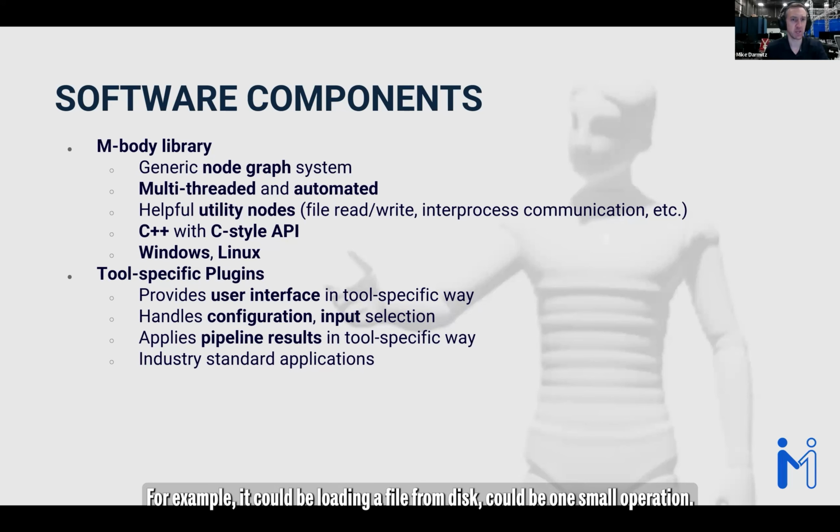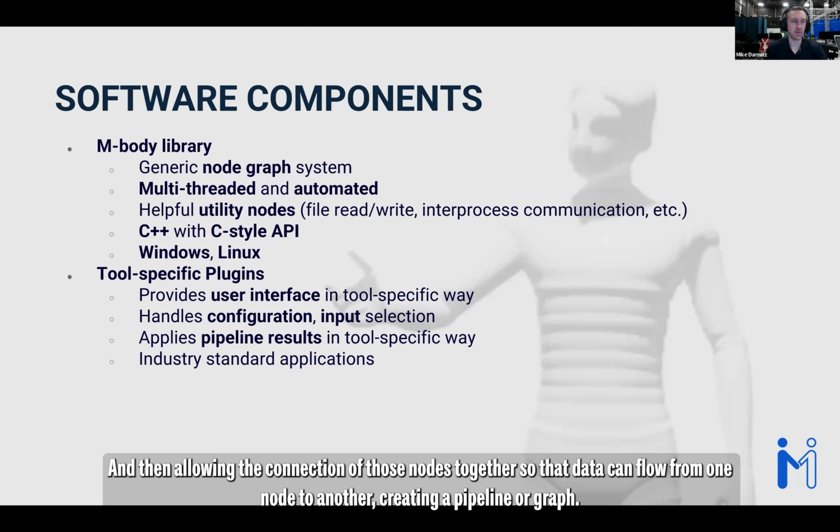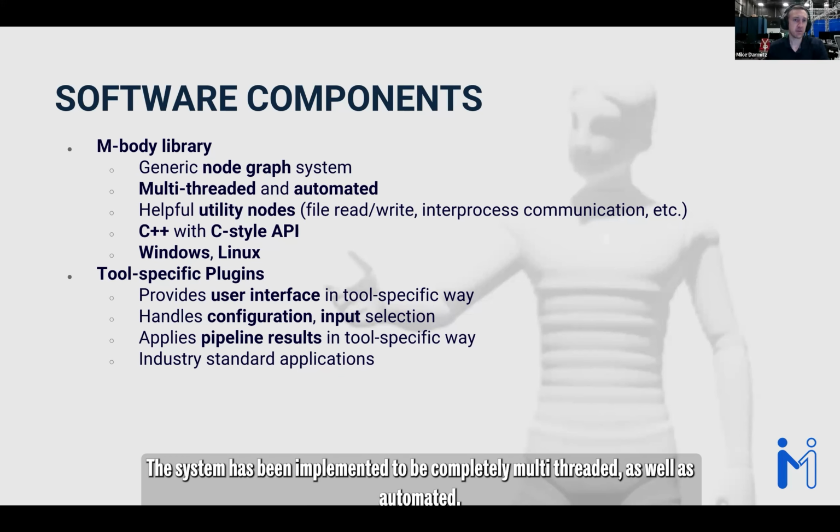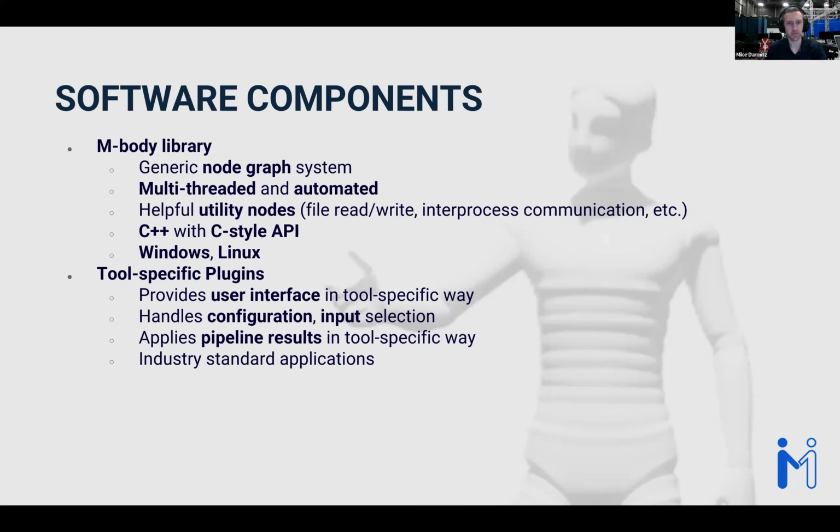For example, it could be loading a file from disk, could be one small operation. And then allowing the connection of those nodes together so that data can flow from one node to another, creating a pipeline or graph.